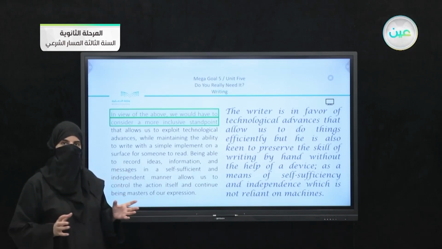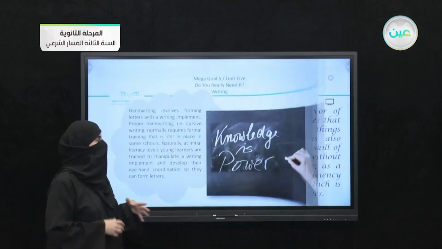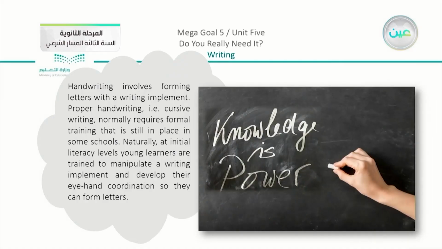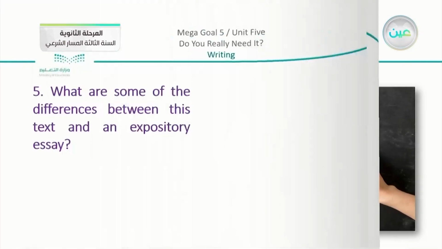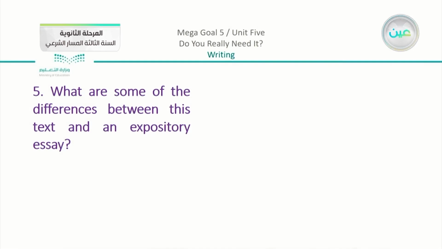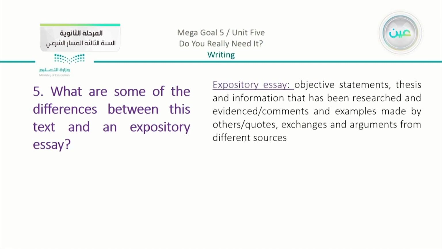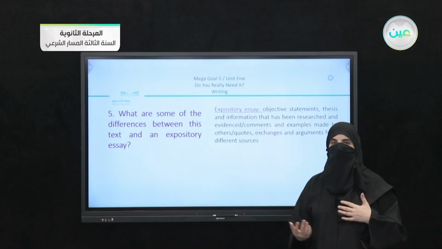So this is what we have here. This is the basic topic, and after we had finished the paragraph here, we had the kind of summary that we passed by, and we moved on to the question, which is what are some of the differences between this text and an expository essay. Now, if you do remember, in the previous unit we did have the expository essay, and here just to remind you, we showed the difference between the two types of essays.